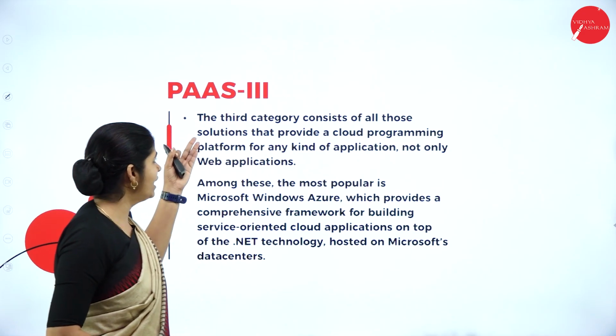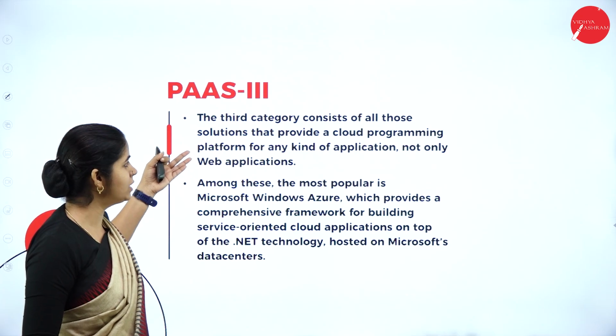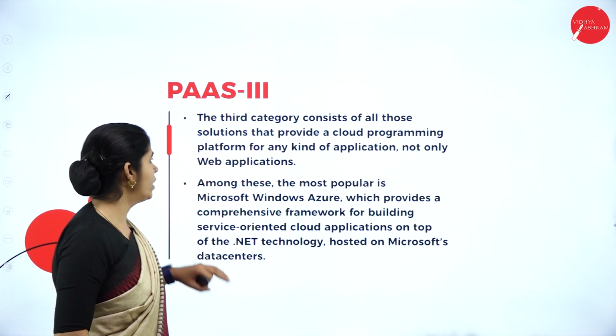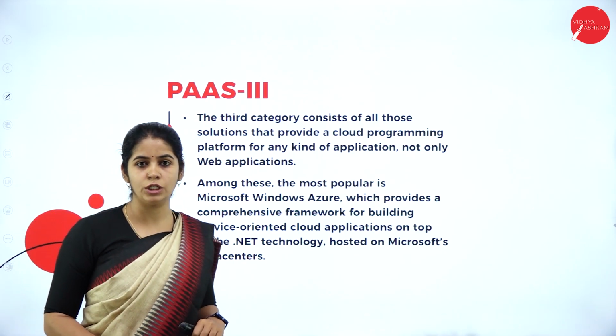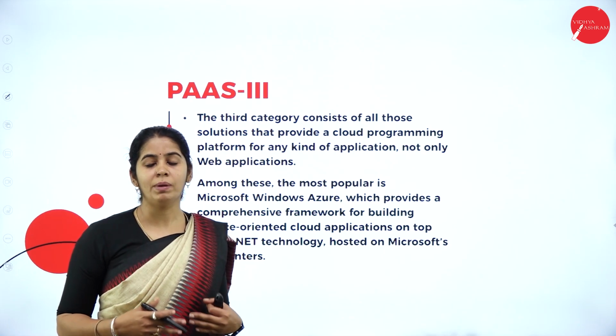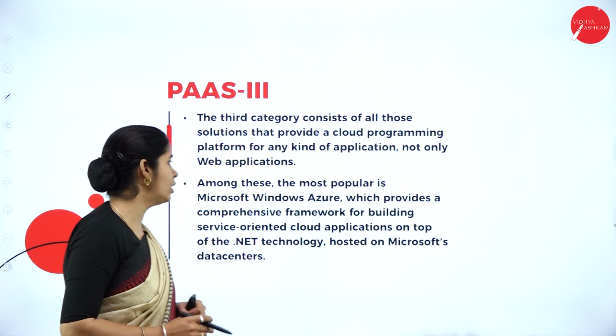The PaaS 3 category is the third category, consisting of all those solutions that provide a cloud programming platform for any kind of application, not only web applications. Whenever they are using the third category of PaaS, you can develop any type of application, not restricted to web applications.